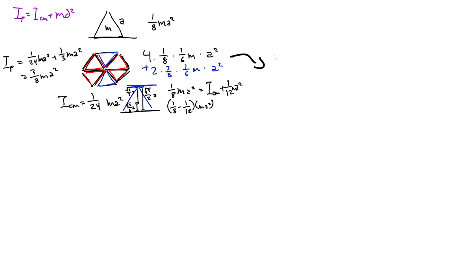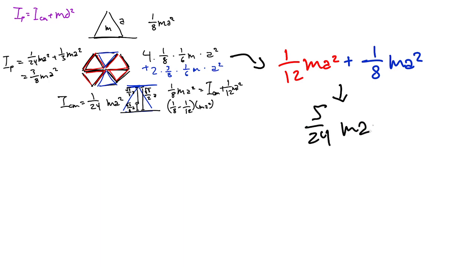That means that we have 4 over 48, which is going to be 1 over 12 ma squared plus, and hopefully I'm doing this right, this is the first time I'm doing this, that's going to be 6 over 48, that's going to give us an answer of 5/24 ma squared.